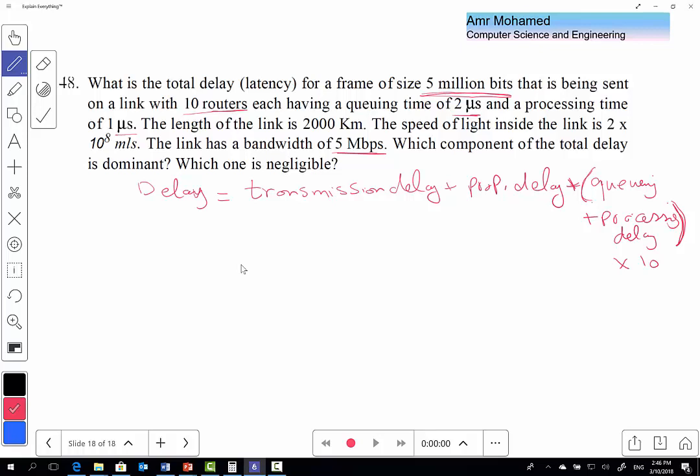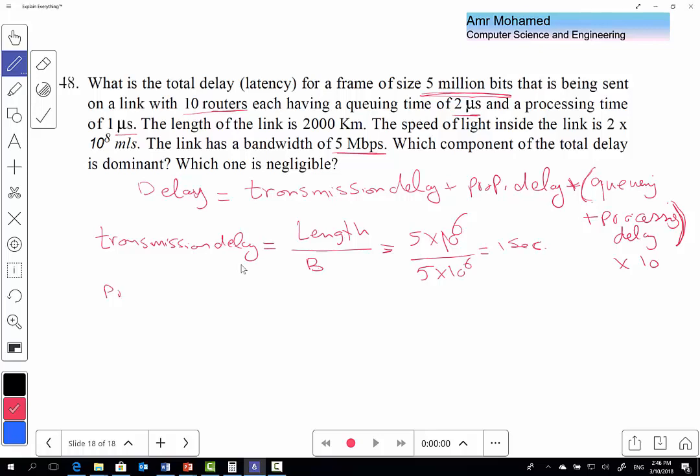All right, so transmission delay is simply the length of the frame divided by the bandwidth. The length is 5 times 10 to the power 6, and the bandwidth is 5 megabits per second, that's also 5 times 10 to the power 6, so that's 1 second.